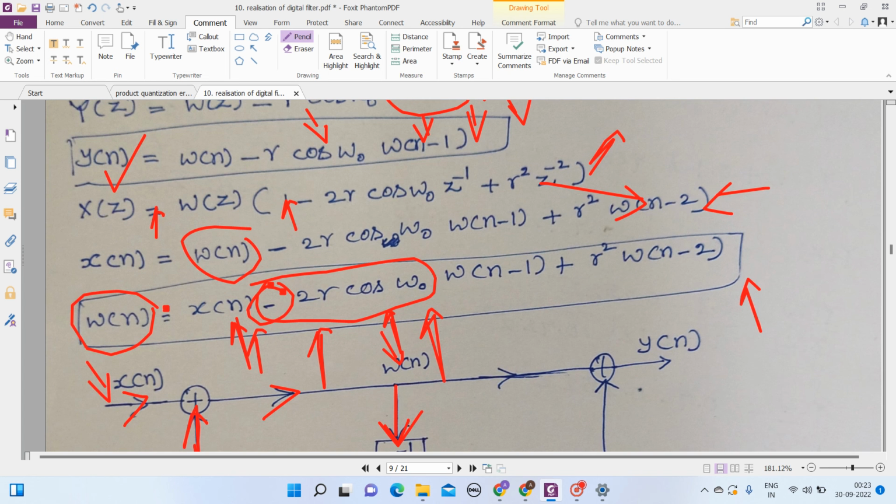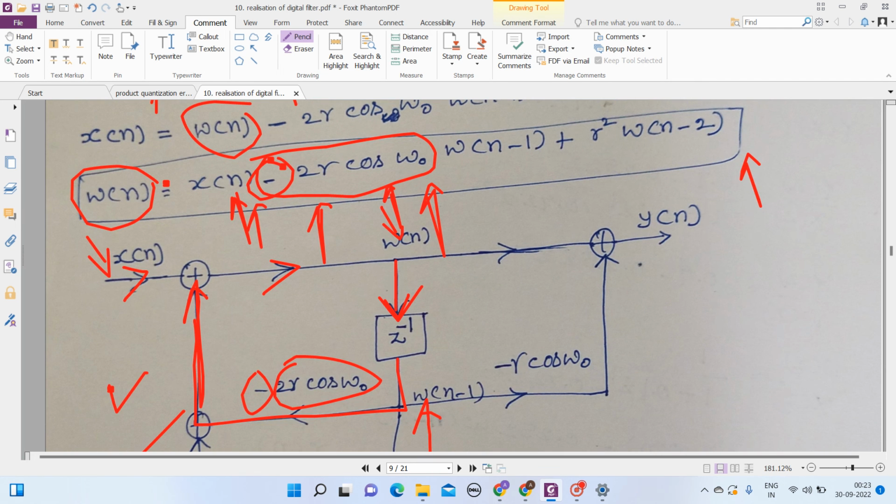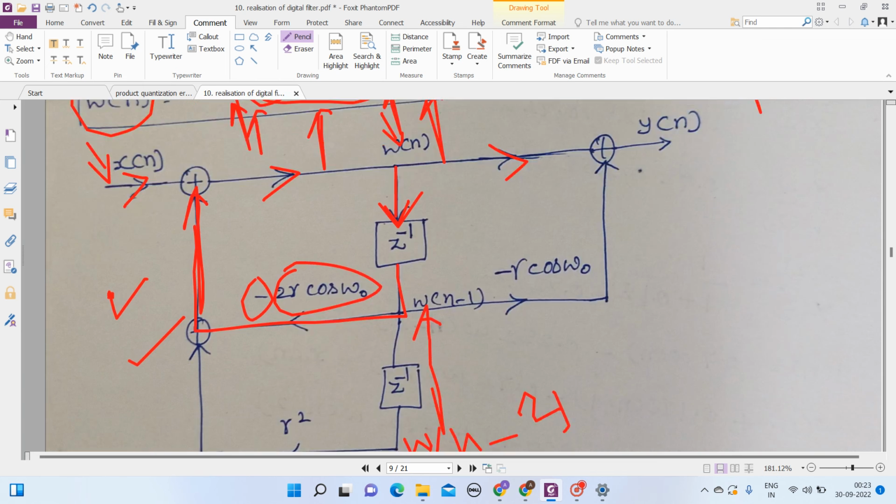See here. So I have to add this minus r cos omega naught. This w of n I am adding directly with this adder element. This is my second term. So the output y of n is w of n plus minus r cos omega naught times w of n minus 1. This is the final direct form 2 structure.